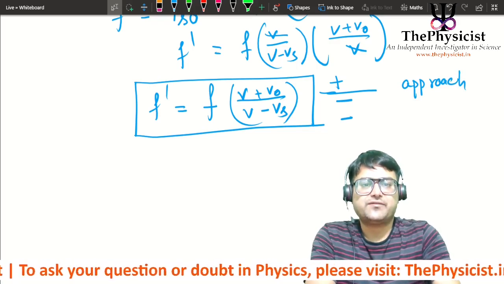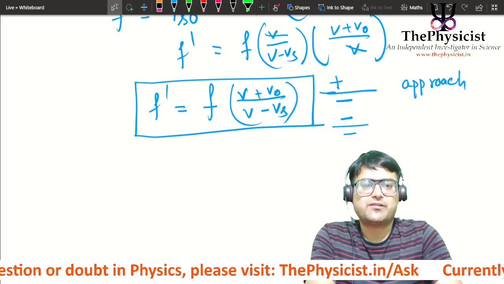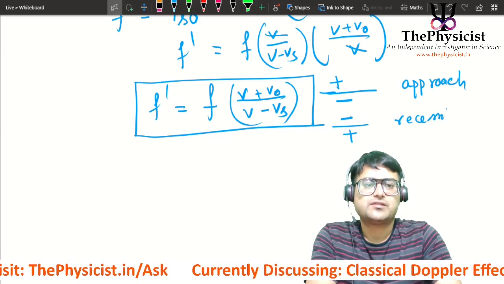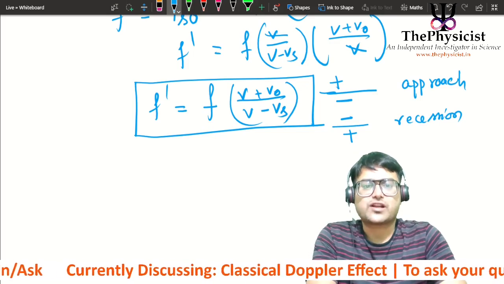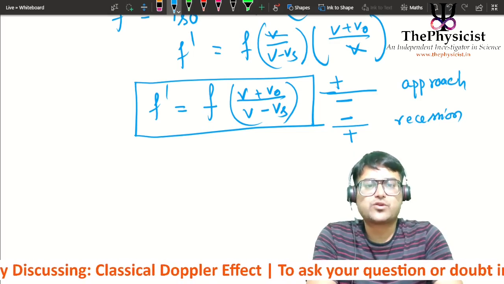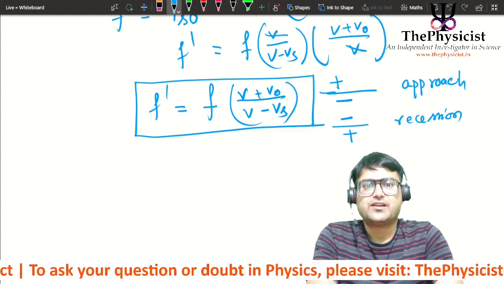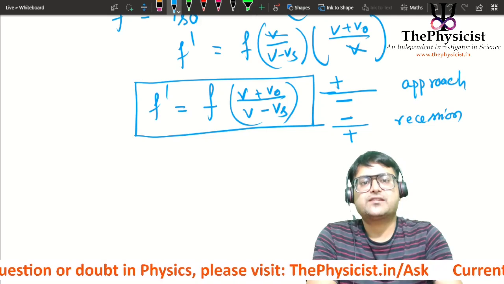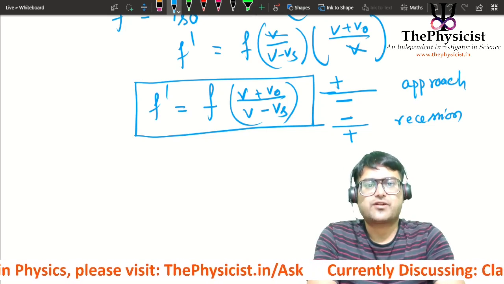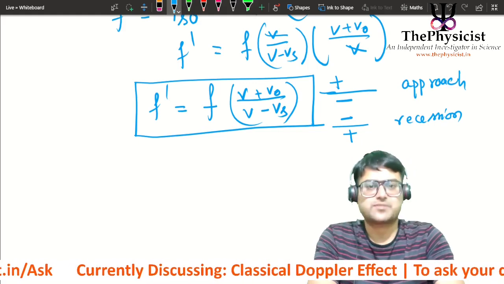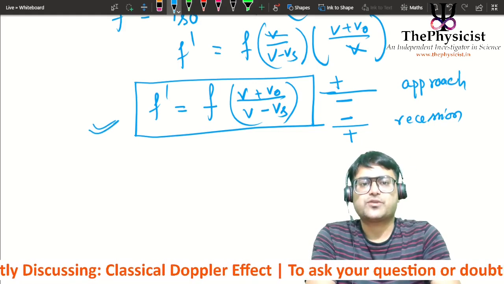So choose accordingly. And all these speeds are with respect to the medium. If the medium itself has a speed or velocity, then find the new values for the speed of the wave with respect to the medium, vo with respect to the medium, and vs with respect to the medium. Right. So that's the formula.